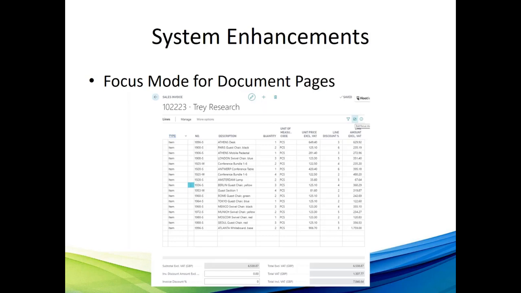But when you're in the line section, it basically blows out the lines to fill the whole screen, which is great for your data entry intensive processes, or doing a big sales invoice and you wish you had more line space. Well, now it's just a quick button using that one in the upper right here, or the Control-Shift F12, and then you can kind of go in and out of that mode and complete your document entry.